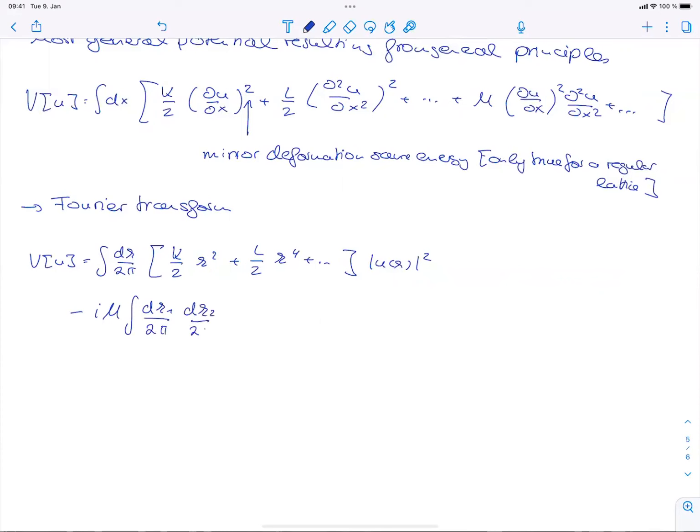So this is now looking at this term, K1, K2, and minus K1. Yeah, third order term.